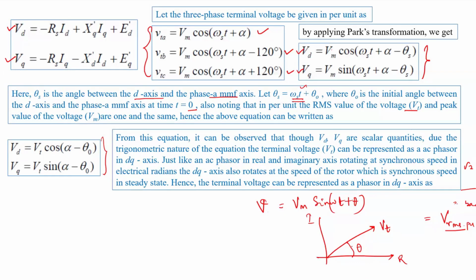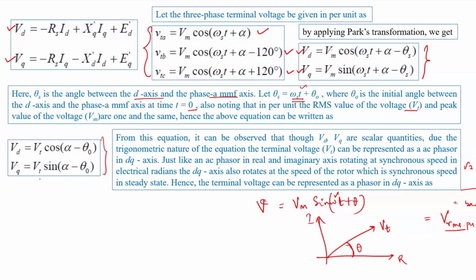This indicates that the real and imaginary axes are rotating at a speed of omega, and along with that the V phasor is rotating at omega. Therefore, this angle remains fixed. This is the phasor representation.